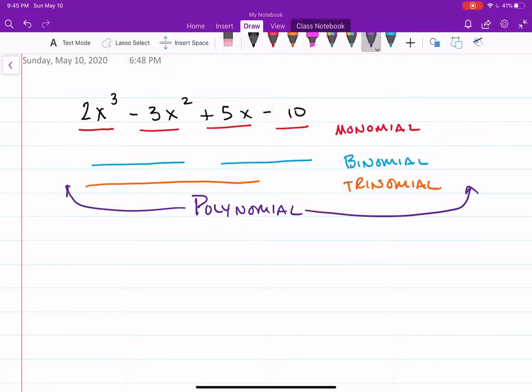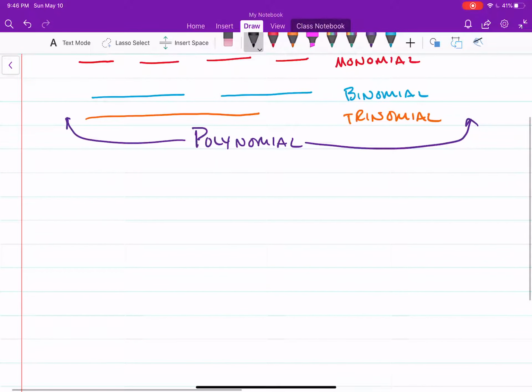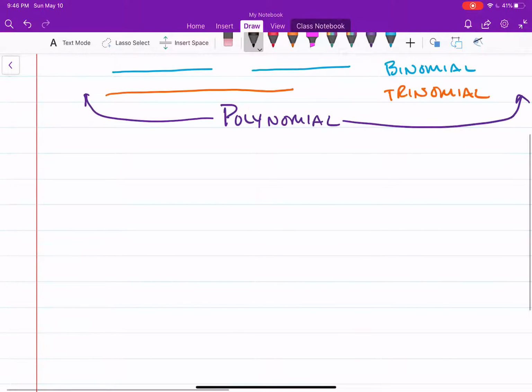All right. So now we're going to talk about multiplying. If we multiply monomials, it brings in the same rules as we had with exponents. So, for example, a negative 2x squared times a 3x.